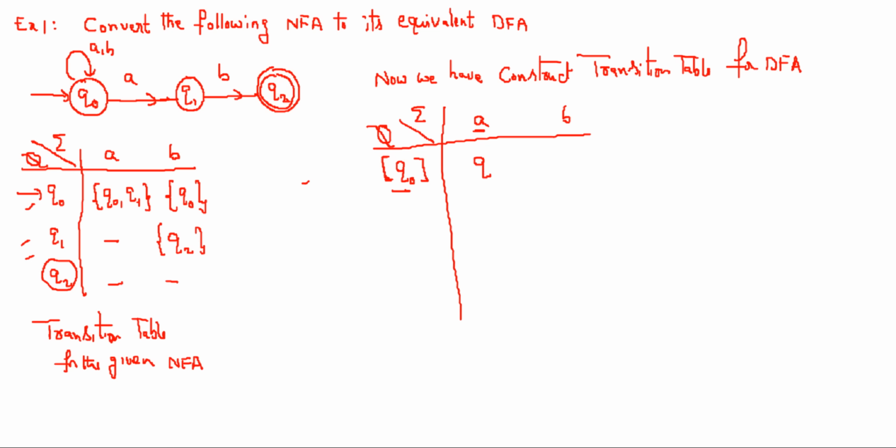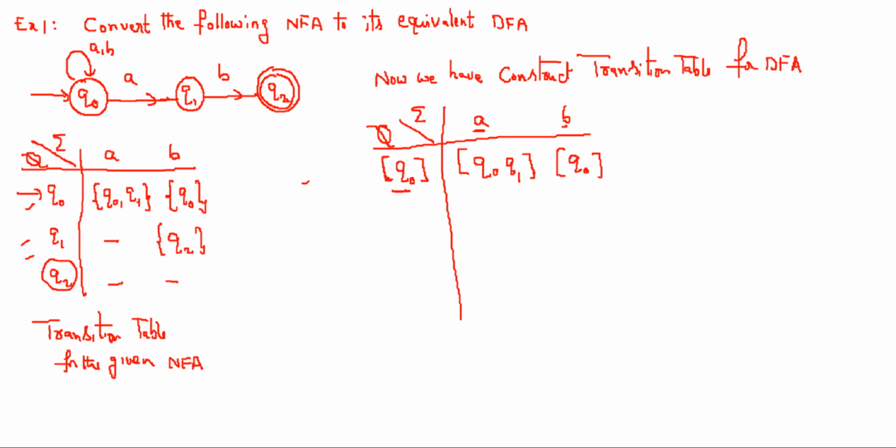Now Q0, Q1 will be the new state in DFA. Similarly, on applying B on Q0 in NFA, where are you going? You are going to Q0. Now here our journey starts.